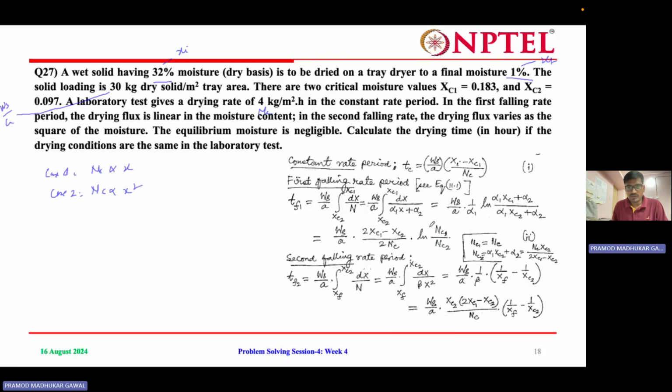All the values are given, so you just have to put in the values.